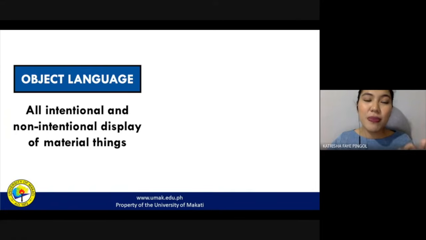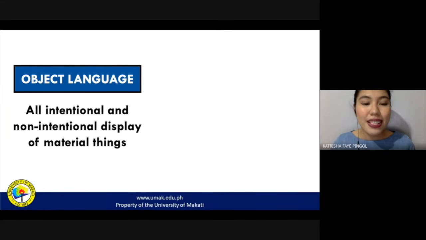The third main category in nonverbal communication is object language. This is intentional and non-intentional display of material things, meaning these are the things that represent you in a physical way or in a physical manner.